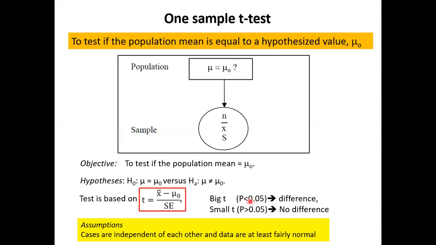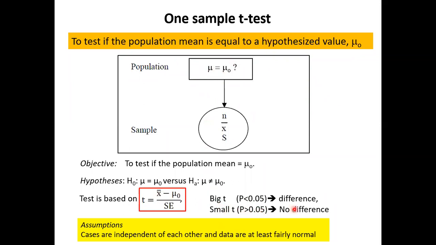And the p-value: instead of looking at whether T is big or small, just concentrate on the p-value. If the p-value is less than 0.05, t is big, and you say the mean is not mu naught. T is small? How do you know? The p will be more than 0.05.